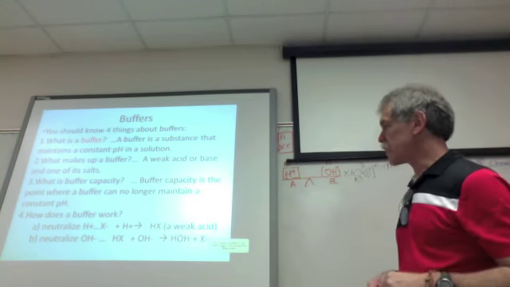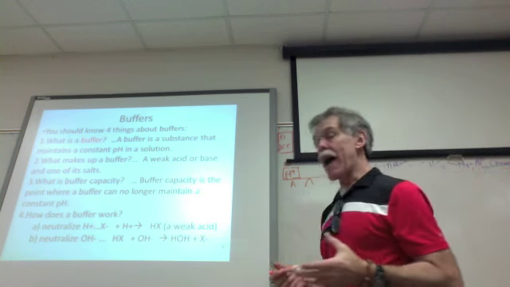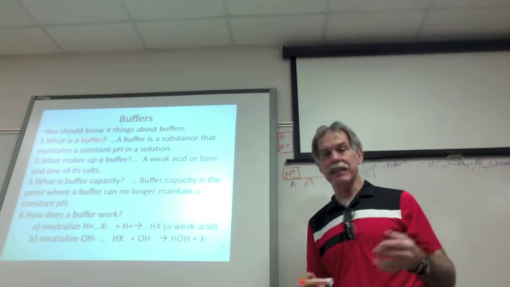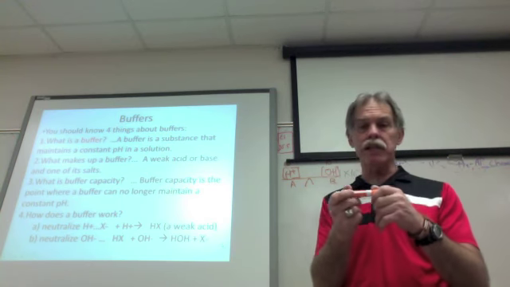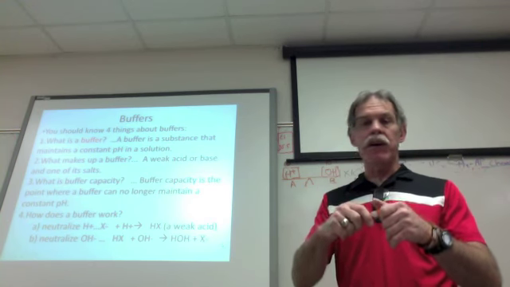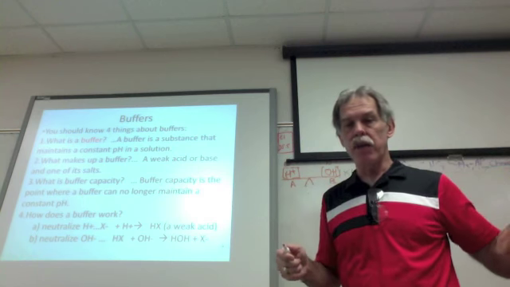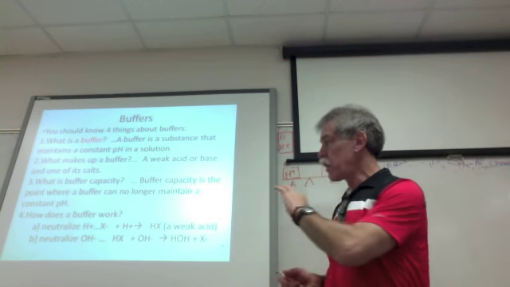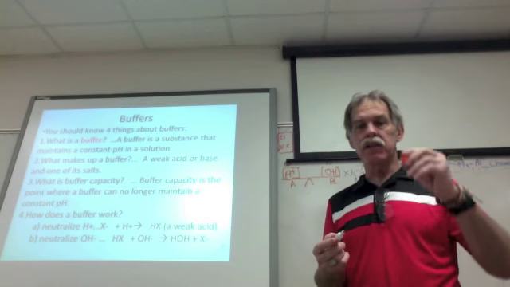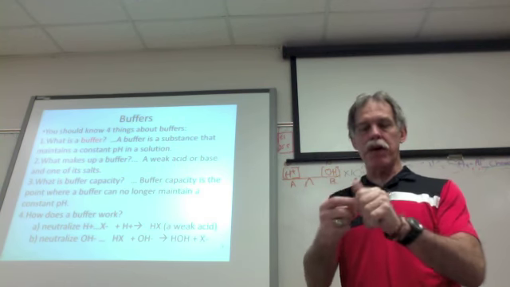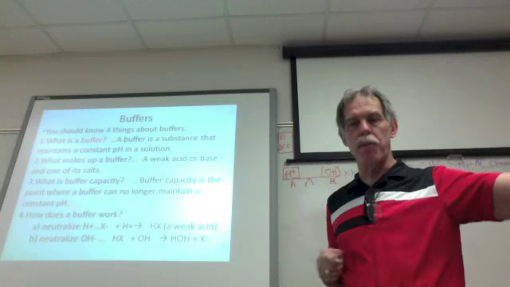What about neutralizing the OH? Well, for that, we're going to use the weak acid. Now remember, this HX doesn't want to come apart. The only thing that's going to make it come apart is if something pulls on it hard enough. And the thing that will pull on it hard enough is OH minus, because OH minus is a very strong base. So OH will come up here and grab onto that H and rip it apart.